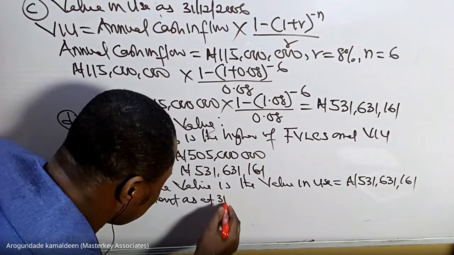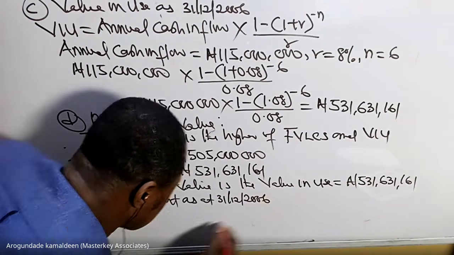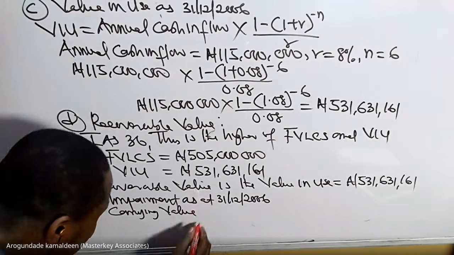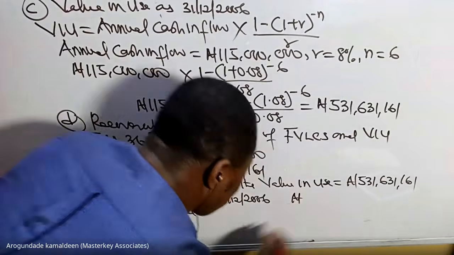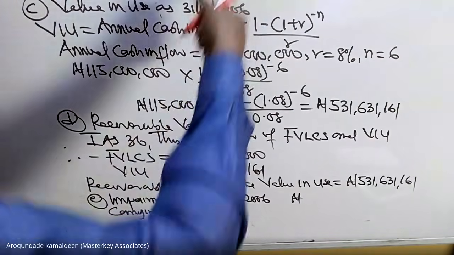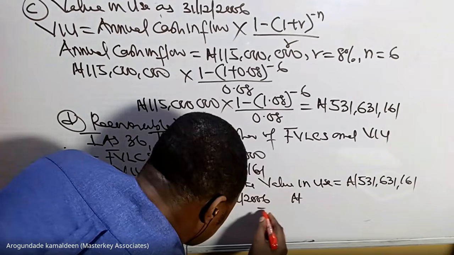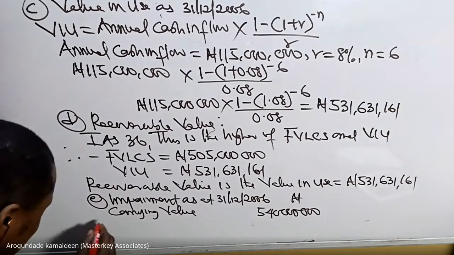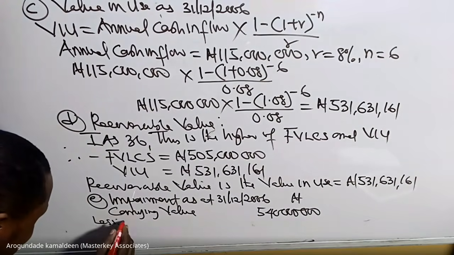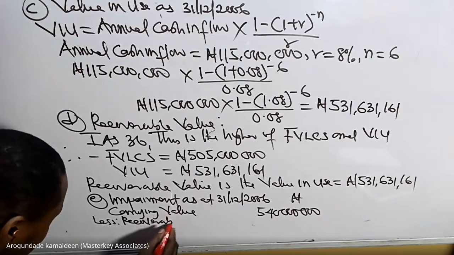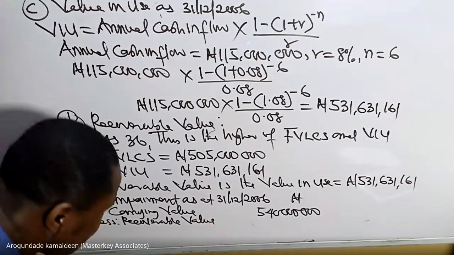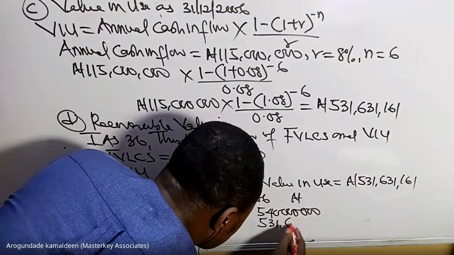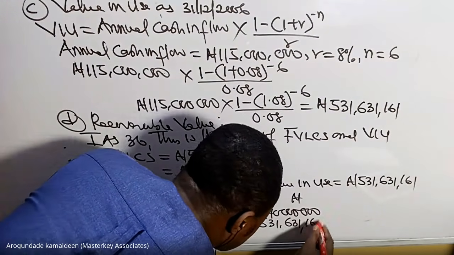As at 31st December 20, the carrying value is how much? It is 540 million. Then the recoverable value, which is the value in use, is 531,631,161.